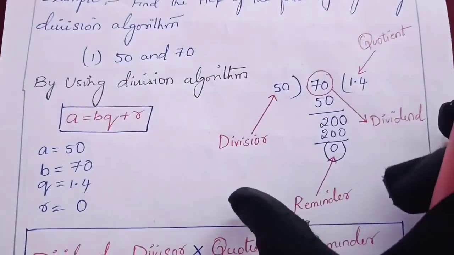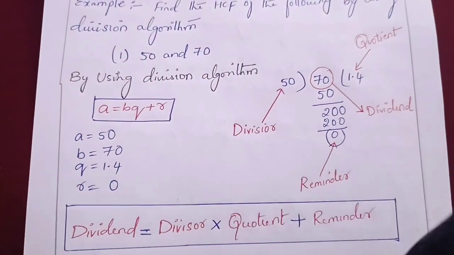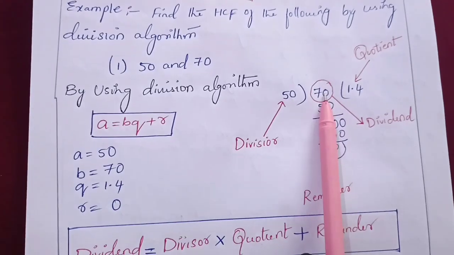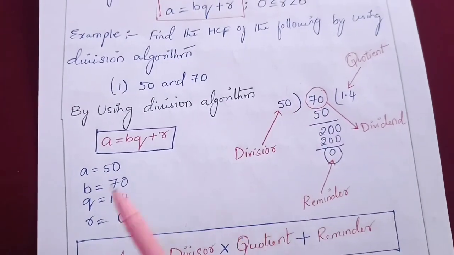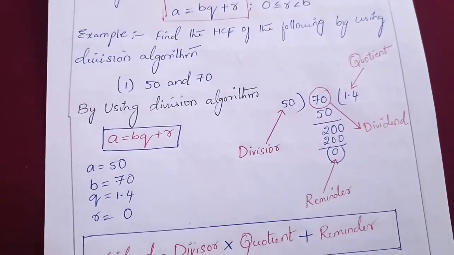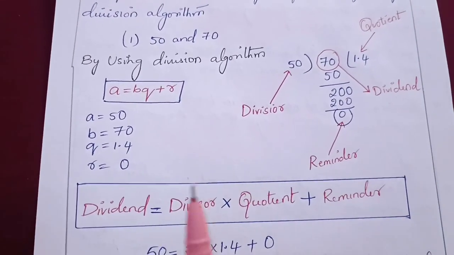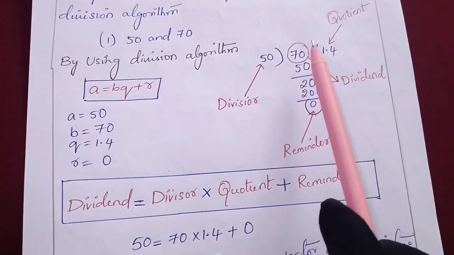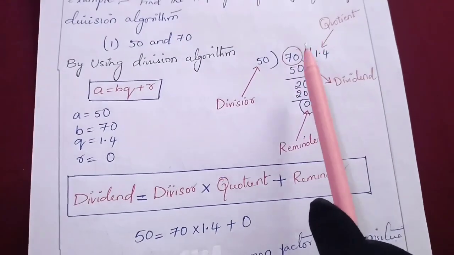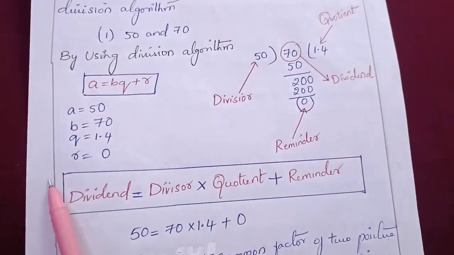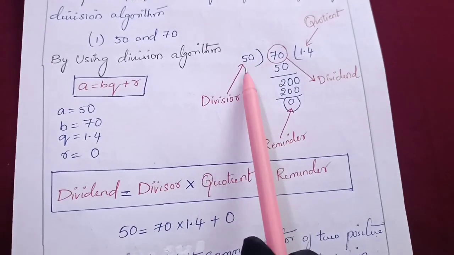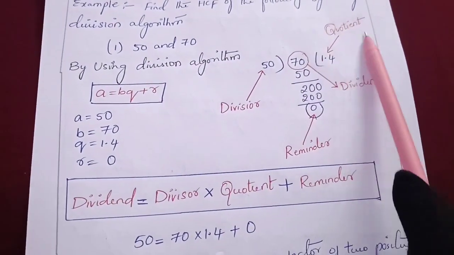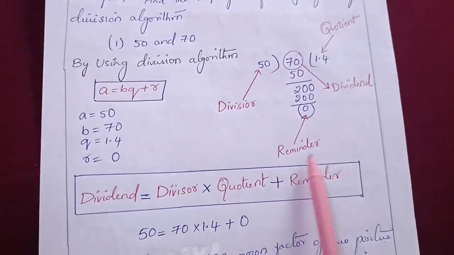So we will divide separately, and in this formula we will substitute all the values, where a is the dividend, which will be 50, and b is the divisor, which will be 70. Because a equals bq plus r is in the form dividend equals divisor into quotient plus remainder.